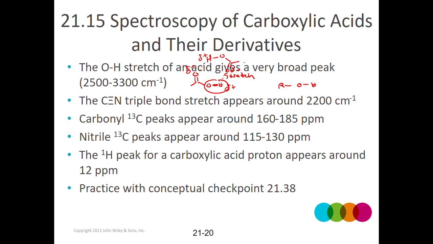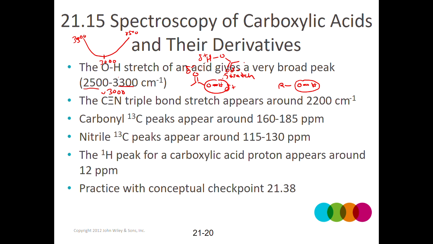And so that OH stretch centers out, the middle of that is around 3,000. So it might start as high as 3,300, but it's such a broad signal that it might go from 3,300 down to 2,500, and the center of that might be around 3,000 or maybe just above or just below. For an alcohol, we also see a strong broad signal for the OH stretch because it can also involve a hydrogen bond, but most of the molecules don't hydrogen bond as much.